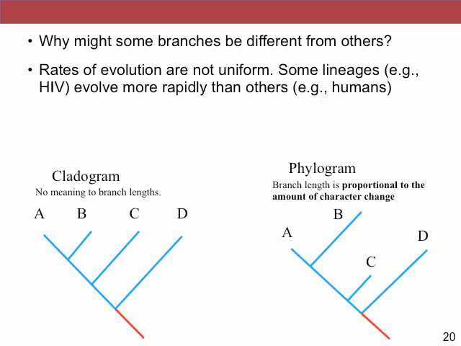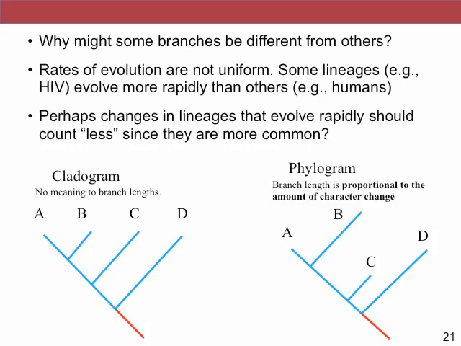So just like with different probabilities of different changes, like transitions and transversions, if you were building an evolutionary tree of organisms and some of them evolved really rapidly, like HIV, and some of them evolved really slowly, you might want to count any changes that occur in the lineage that evolves rapidly in the same way that we were counting transitions.